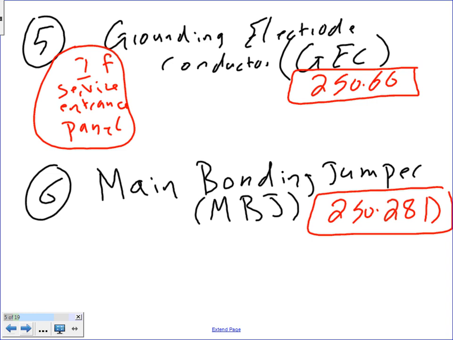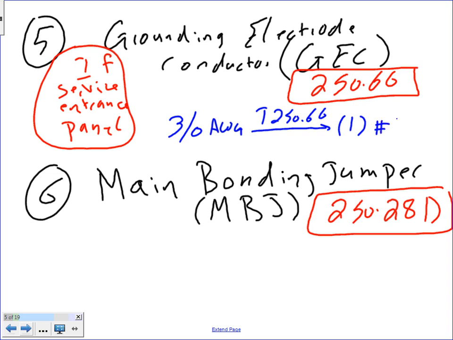This one, guys, you go to 250.66. You're going to take, based on the largest overcurrent device, the AWG, you're going to take this one to Table 250.66. We are in copper unless I tell you otherwise. And that will get you a healthy 1 conductor, number 4. What insulation? Conductor number 4 could be bare, covered, or insulated.